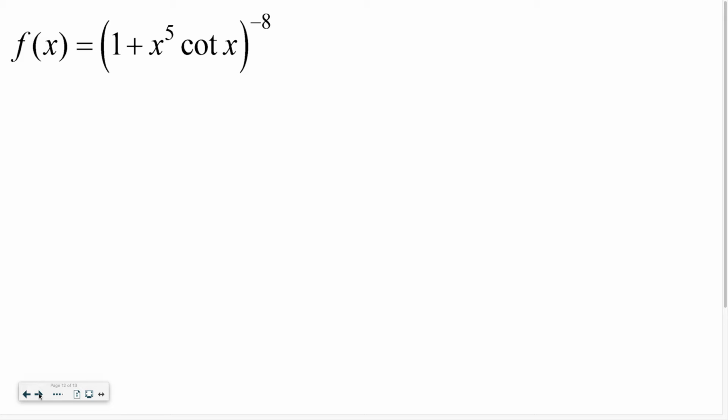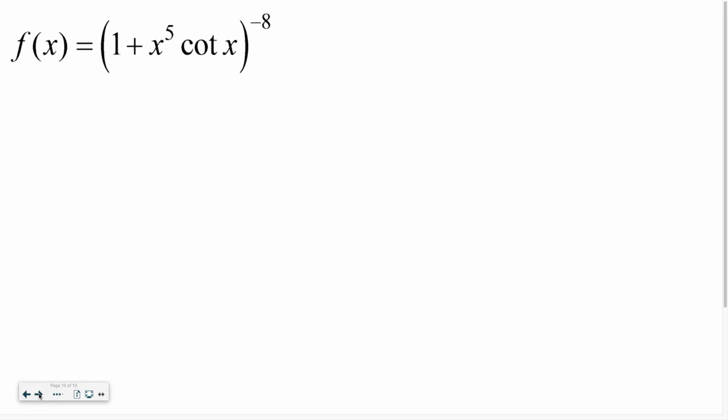Okay, so our process. Julia, what do you think? Okay, so we have a composition where our outside function is a power. And then Julia says inside we have a product.